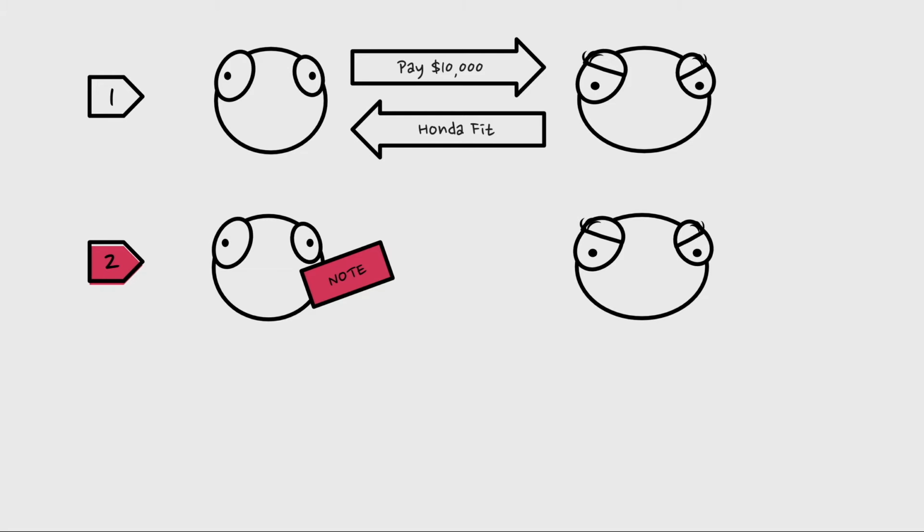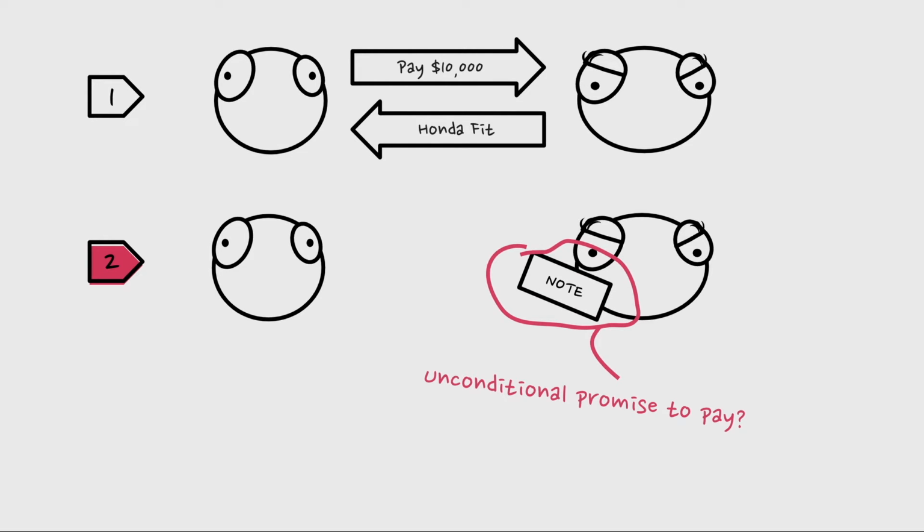So if we're looking back in our fact pattern toward the very beginning, where we had the underlying transaction, and then Bob wrote out a note and gave it to Barb, there we said there would be this question: does it contain an unconditional promise to pay, right? It's got to be in writing, it's got to be signed, and it's got to contain an unconditional promise to pay.